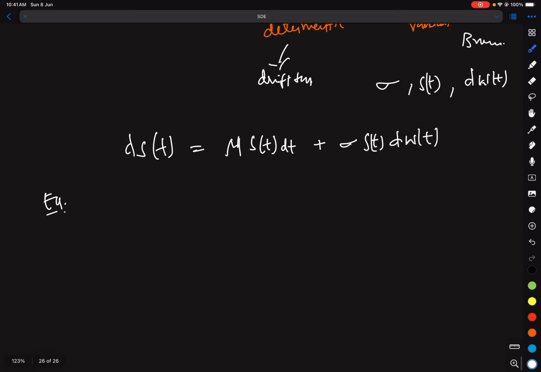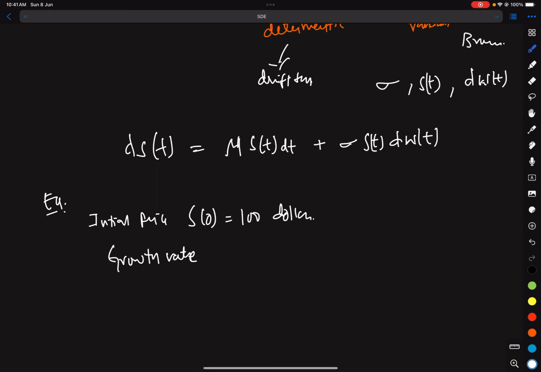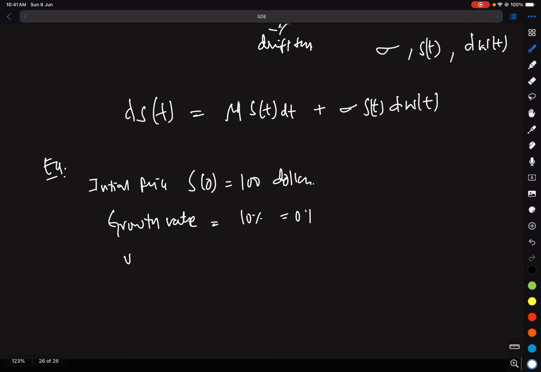Let's take an example. Our initial stock price, S of 0, is $100, and the growth rate is the interest rate. Suppose for 1 year we are going to get 10% interest, which is 0.1. And volatility can be calculated in different ways.